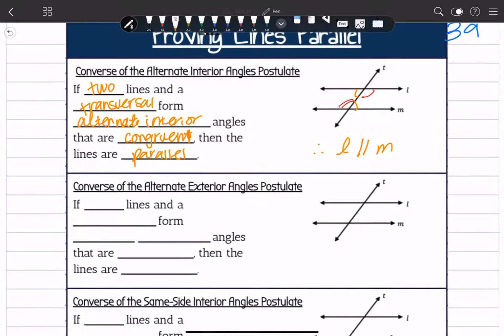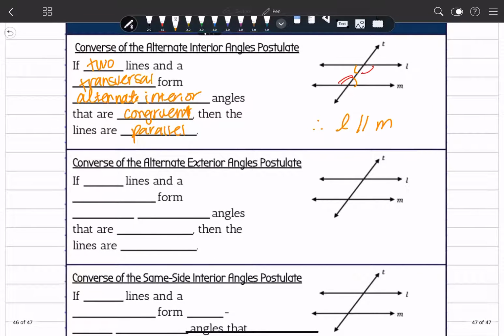Right? The same thing can happen right here with our alternate exterior angles. If two lines and a transversal form alternate exterior angles that are congruent, then the lines are parallel.